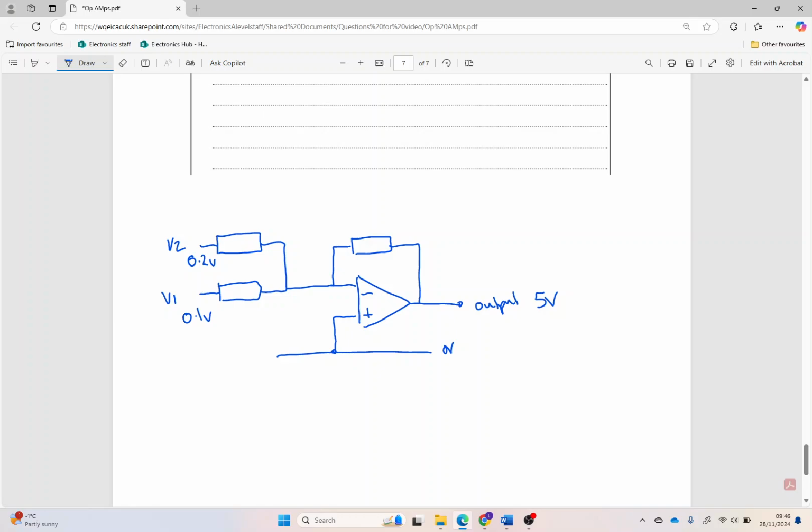Well, I would tackle this in the simplest way possible, because we're going to multiply these two voltages by a particular amount and then add them up.